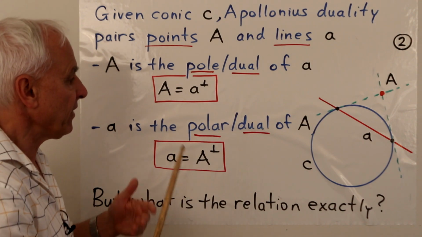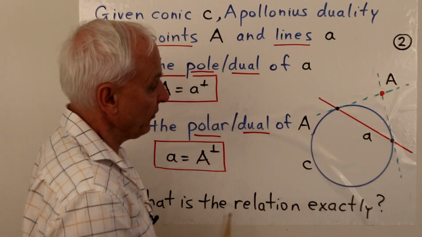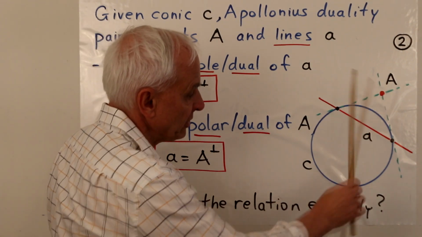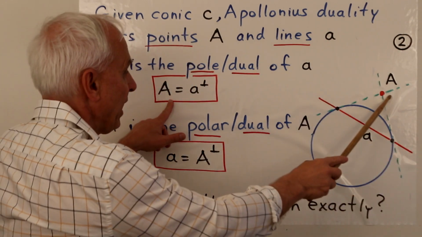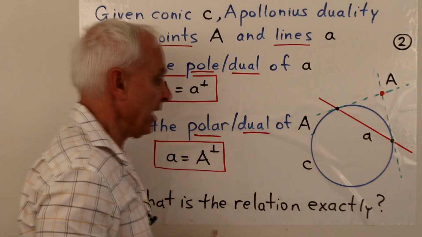That's reflecting the relationship. And here is a picture that you can keep in mind. The conic happens to be a circle. There's the point A, and we're drawing tangents, and there's the line little a. So capital A is the pole or dual of the line little a.